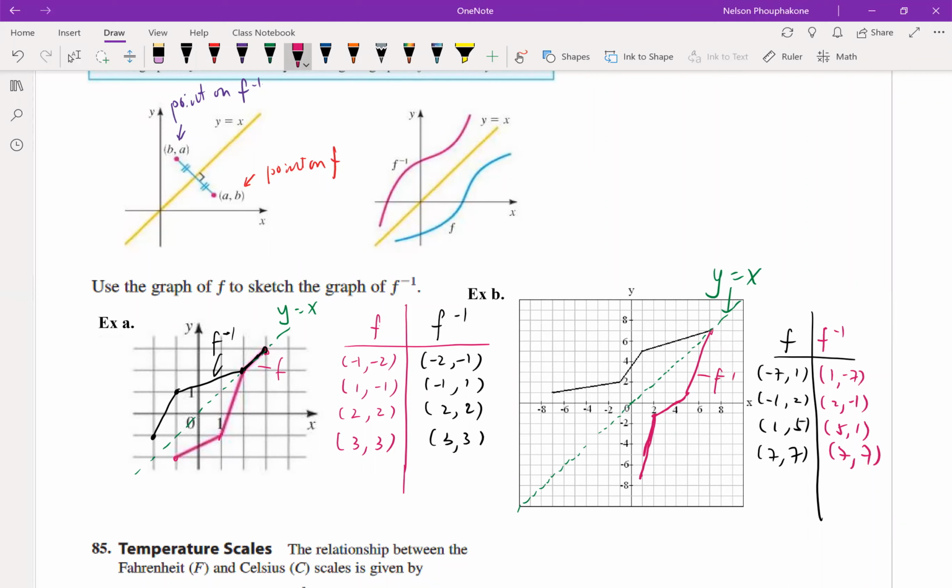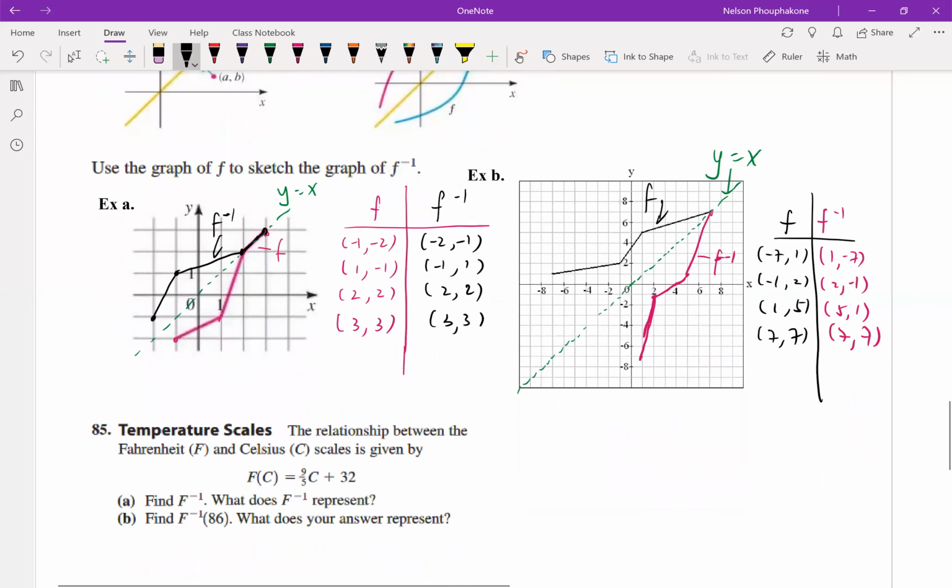And this is the f inverse. This is the f function.